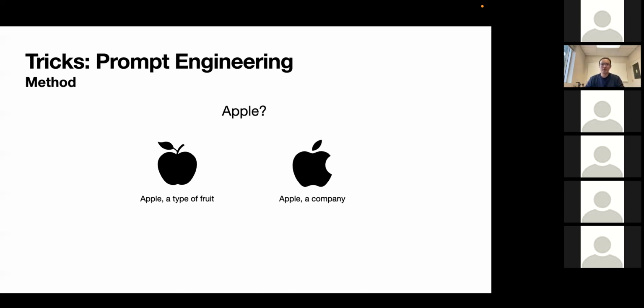So they also use one trick. It's called prompt engineering, to make clear which apple is meant. For the fruit apple, they will add a phrase like "a type of fruit", so the model knows this is the fruit. And for the company, they will add something like "a company" to identify the image, so that the model can learn the context of the whole sentence and match the image to the text.